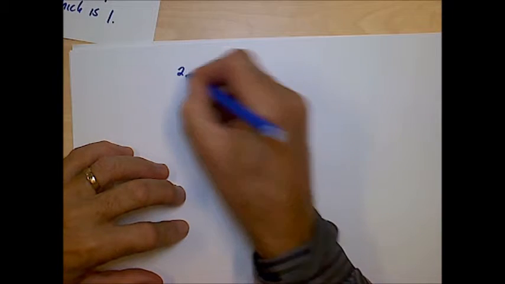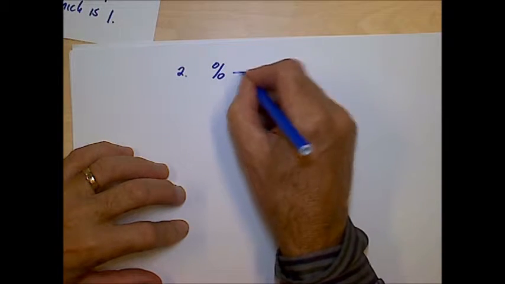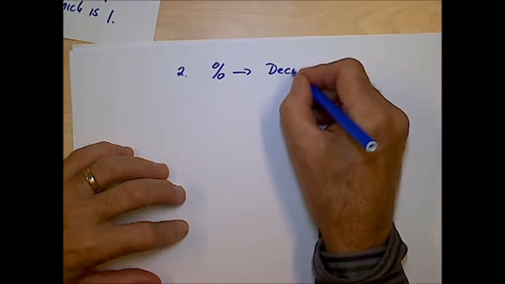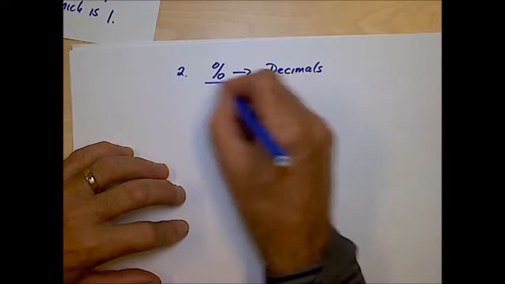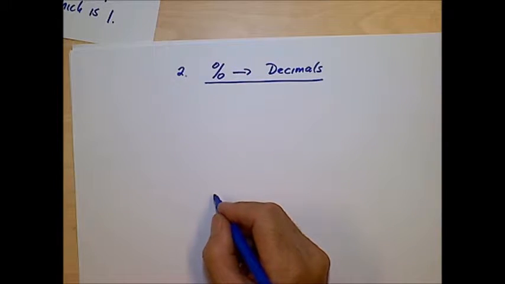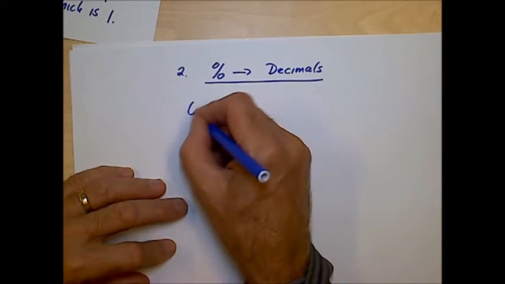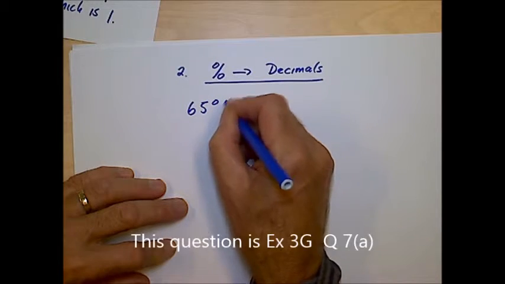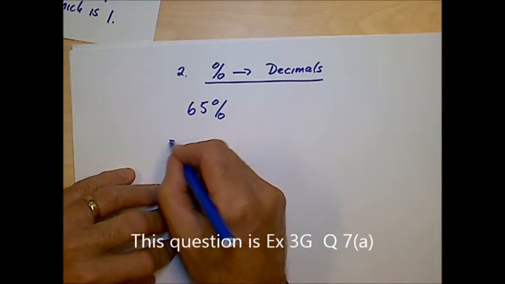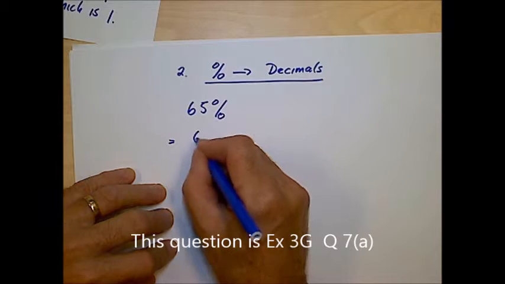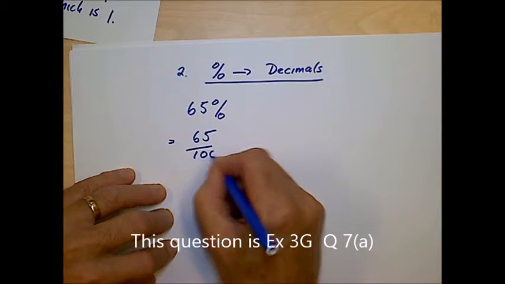Our second skill is to be able to convert percentages to decimals. So let's look at an example of a percentage to a decimal. So we've got 65%. All we need to remember is that that percentage sign means 65 over 100.